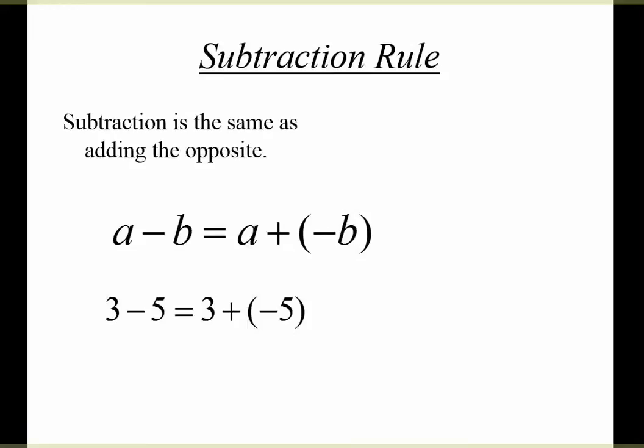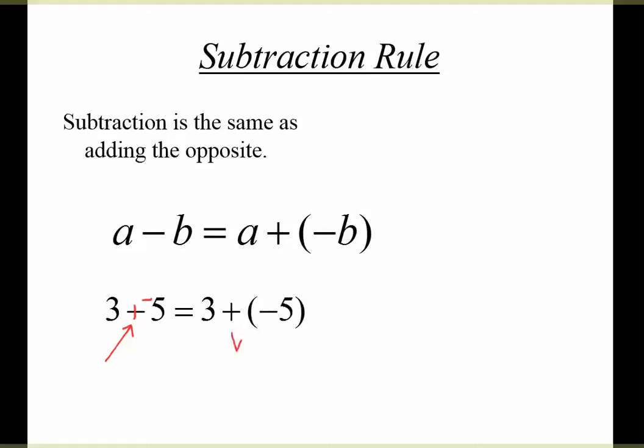For example, this minus sign right here, you can actually just overwrite it. Knowing that subtraction is the same as adding the opposite, if you were taught to change this to plus a negative 5 like that, that is completely fine with me. Totally fine whatsoever. Notice that when we have 3 plus negative 5, we end up converting subtraction into addition.